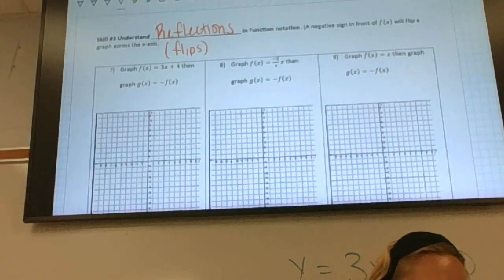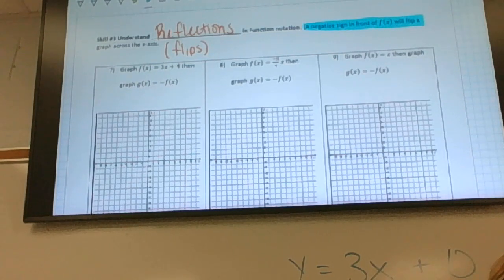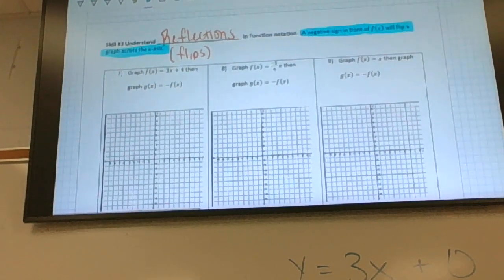All right. Our parentheses say a negative sign in front of f of x will flip a graph across the x-axis. So, just like yesterday, start with graphing f of x is 3x plus 4. We graphed this yesterday, so I hope everybody feels capable of graphing this today.